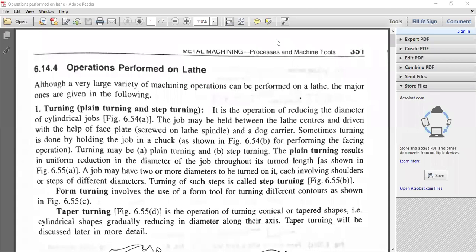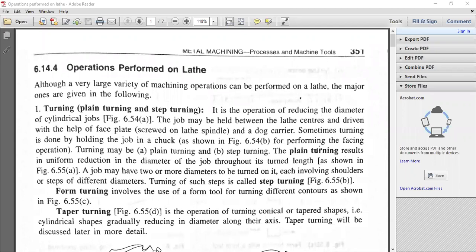In the compound rest, by swiveling the compound rest, we'll discuss that after this. We'll also discuss the different taper turning methods. Taper turning is the operation of turning conical or tapered shapes.